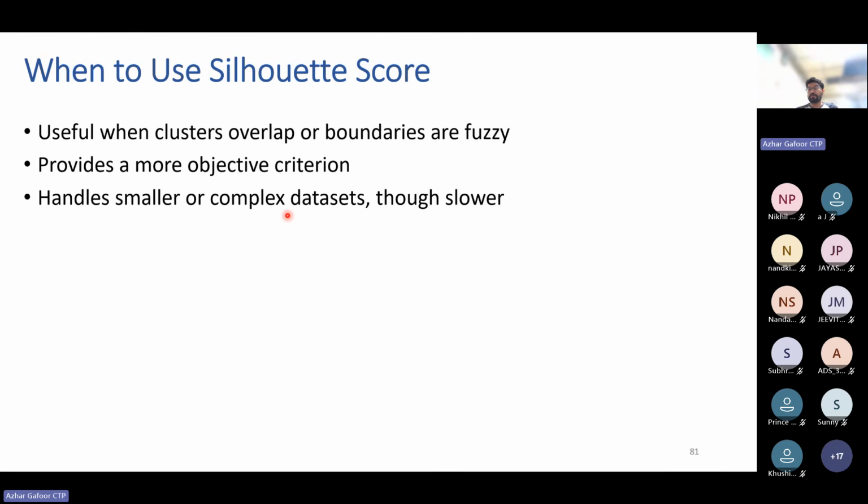It is useful when we have overlapping clusters or the boundaries are fuzzy, and it also provides a more objective criterion and handles smaller or complex data sets. But it is slower because it has to calculate the distance between each of the points and the nearby cluster. All those things have to be done.